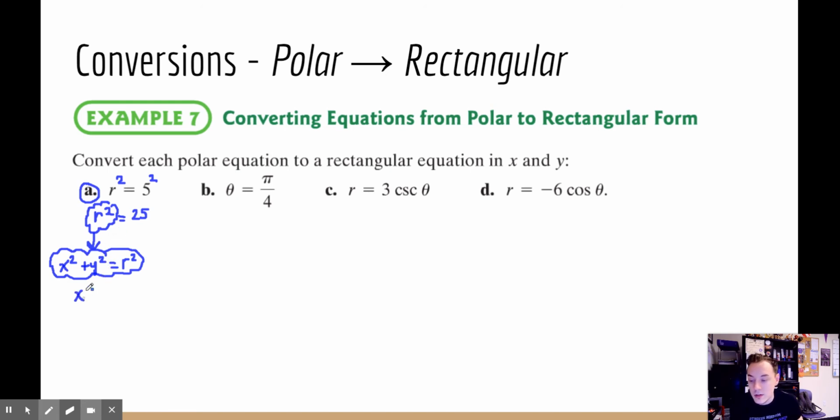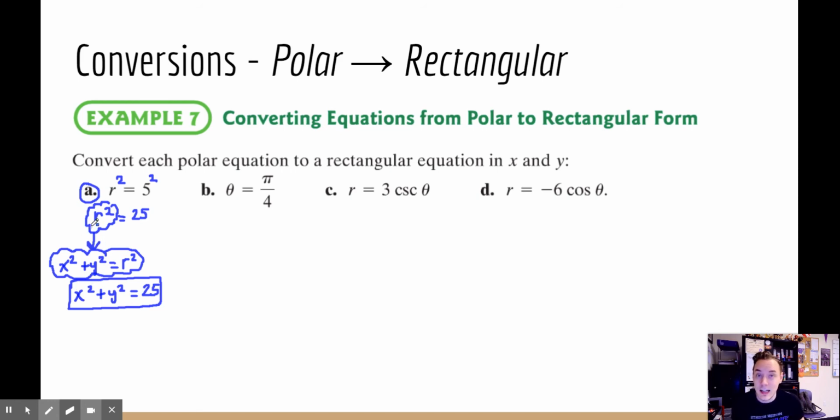I can substitute x squared plus y squared, and this equals 25. I know I am done when all the thetas and the r's are all the way out of my equation, and I'm left with just x and y. I'm left with just x and y, which means I am finished. Okay, that one was not too terrible.